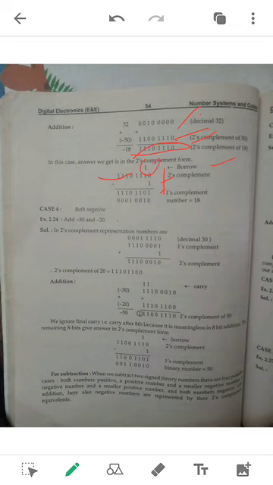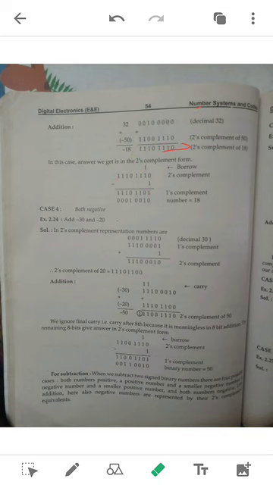So the borrow is generated. Then 1 minus 1, with the borrow, you will get 0. Difference you are getting is 0. Here you can see the next bit.